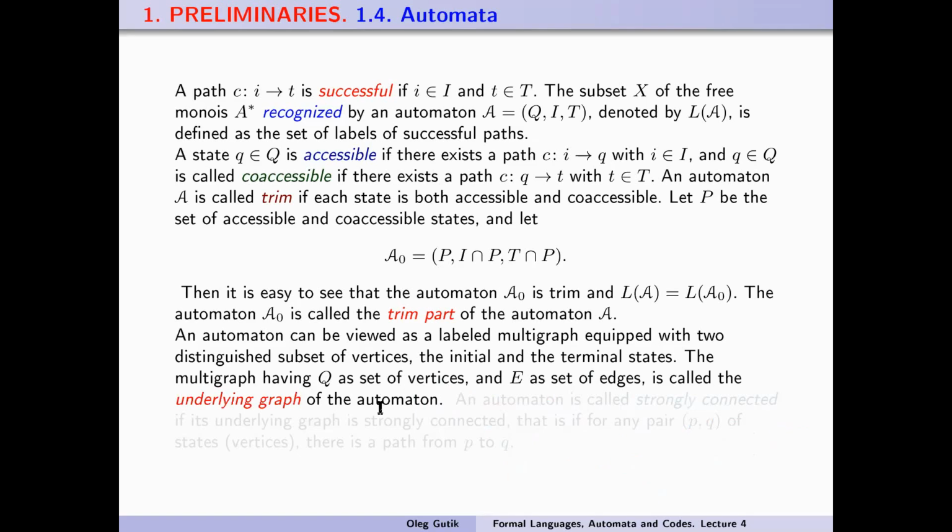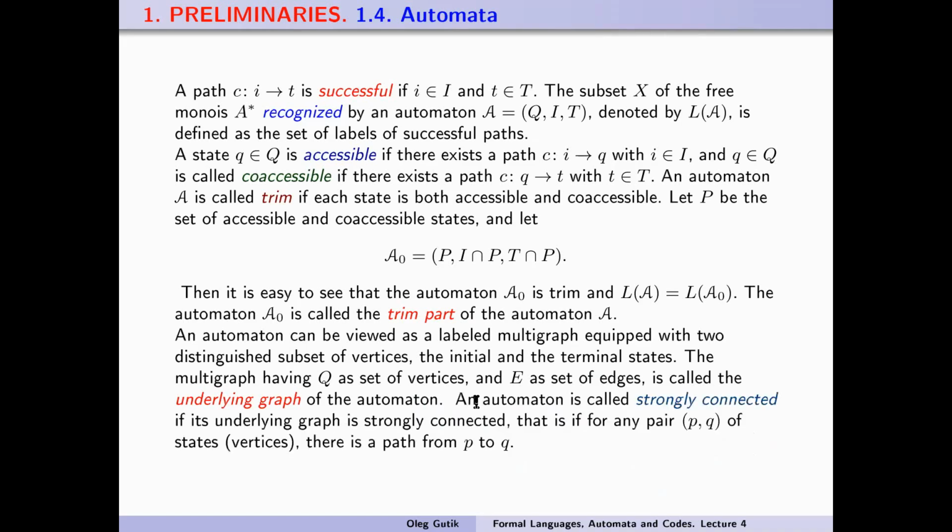The multigraph having the set of states Q as its set of vertices and E as its set of edges is called the underlying graph of the automaton. An automaton is called strongly connected if its underlying graph is strongly connected. What is strongly connected?